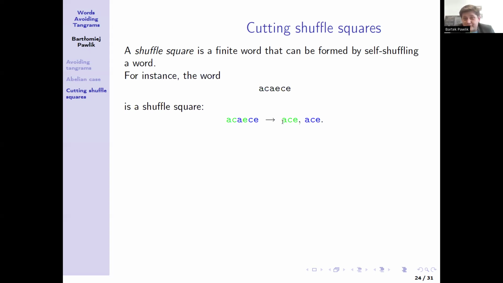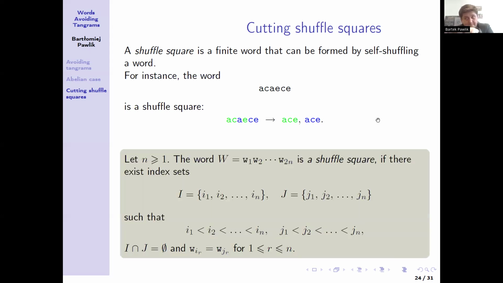So if we shuffle ACA with itself, we can get this word, where the two copies of the word are just put in between each other. The formal definition is that a word is a shuffle square if we can split the index set into two disjoint monotone sets, such that the letters with corresponding indexes are the same.